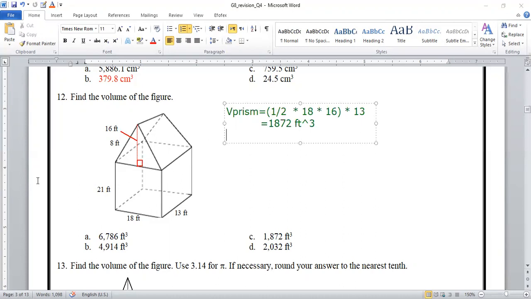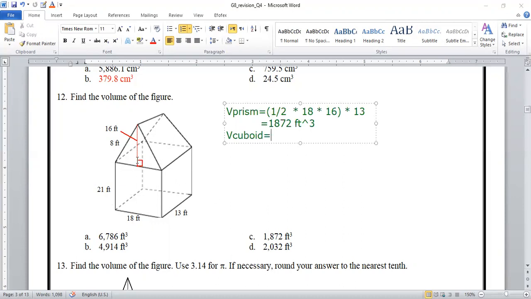The second shape is a cuboid. Volume of cuboid equals length times width times height.